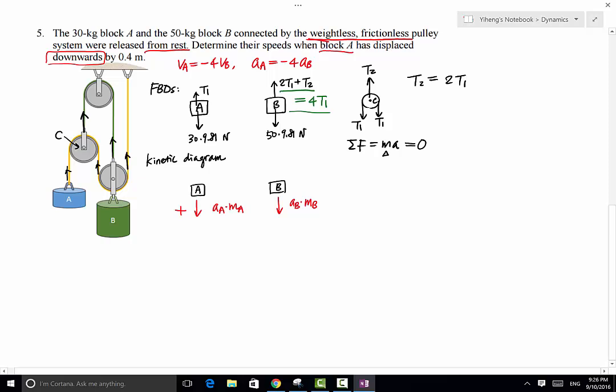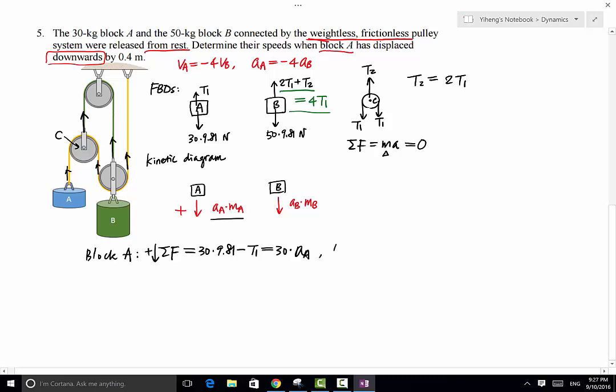So now we're ready to apply Newton's second law, the equation of motion, to both of our two blocks. For block A, the resultant force, with downwards considered positive, equals 30 times 9.81 minus T1, and that equals the kinetic force, which is the mass 30 times AA.